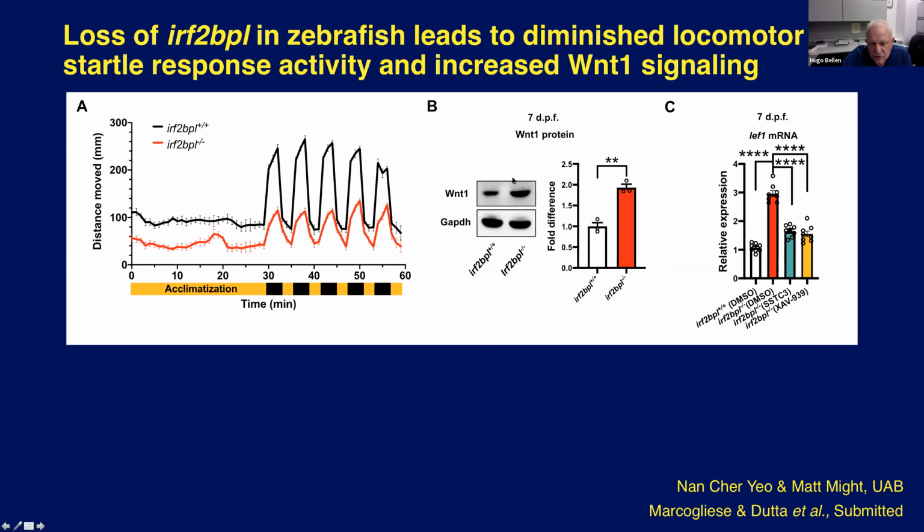Interestingly, these fish also show an upregulation of wingless signaling, as is quantified here. And when they use the same drugs that we had identified in the fruit fly, they show a decrease of LEF1 messenger RNA, which is obviously a key factor involved in the transcription of Wnt activation.